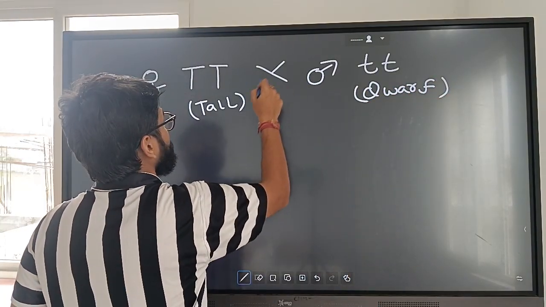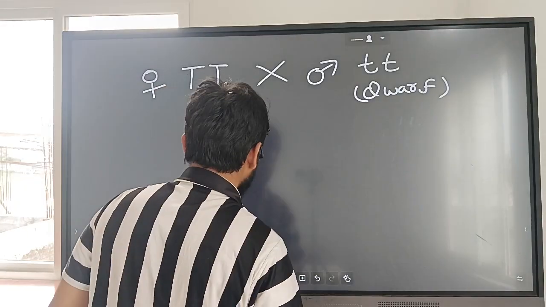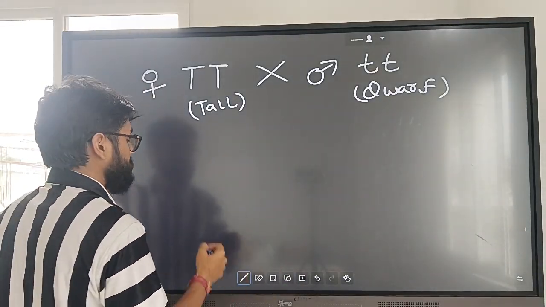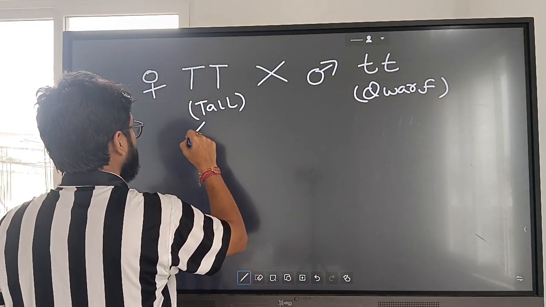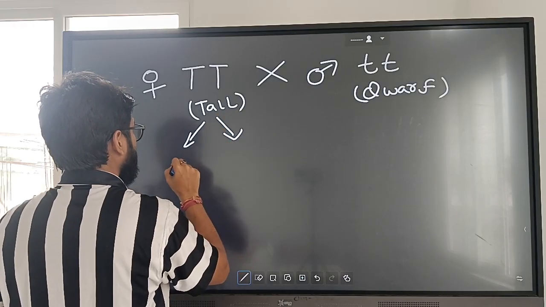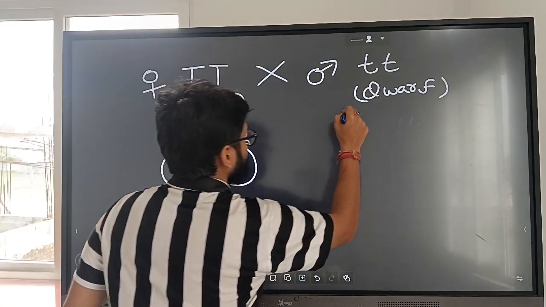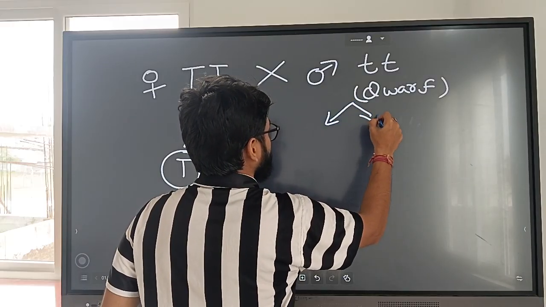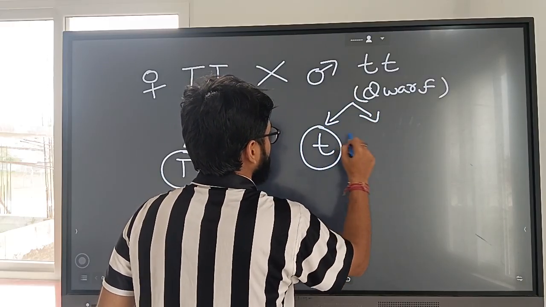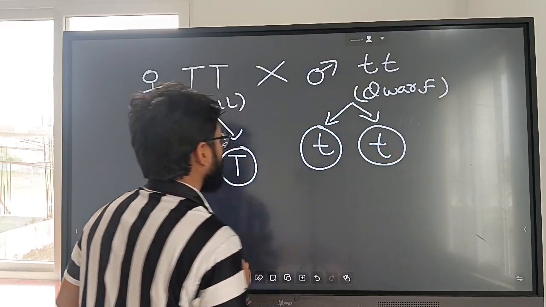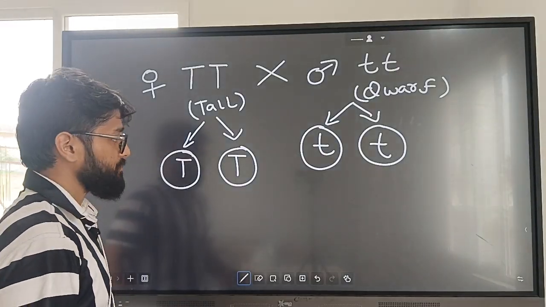When we make a cross, this is how we proceed: they create their gametes, and gametes are represented like this. There is a certain notation for how to write and make crosses.